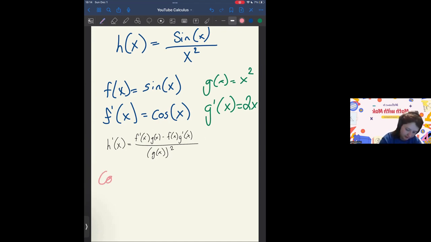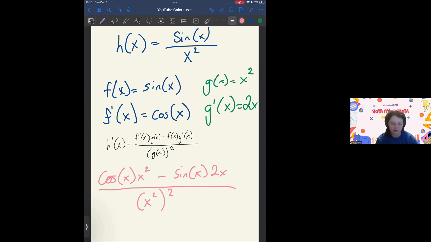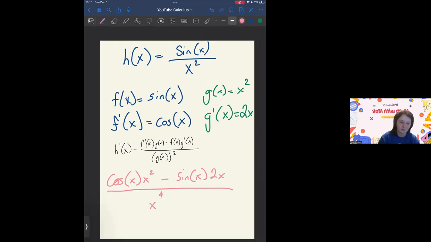So our final answer will be cosine of x times x squared minus sine of x times 2x all over x squared, which secretly is also x to the fourth. And that is our final answer.